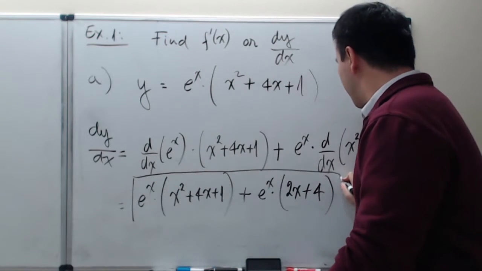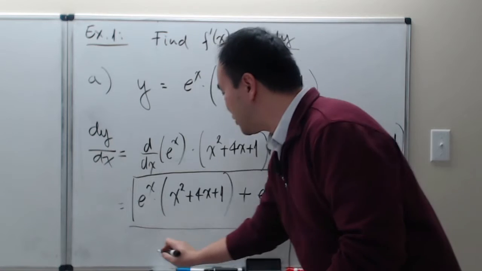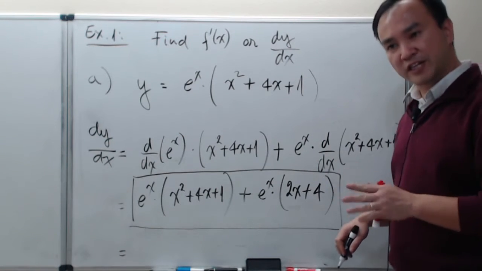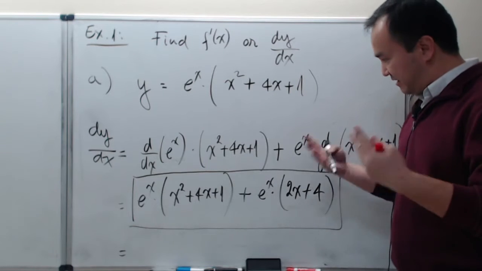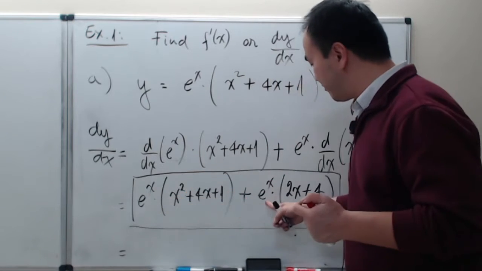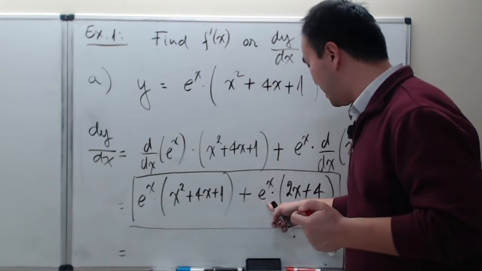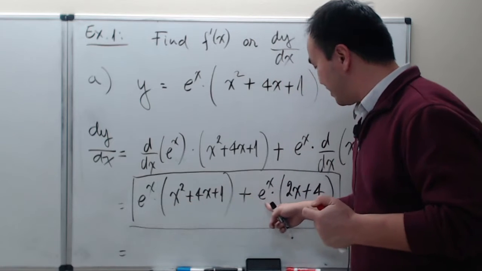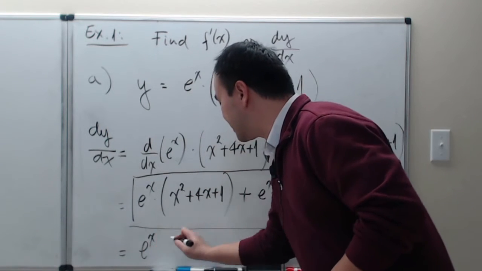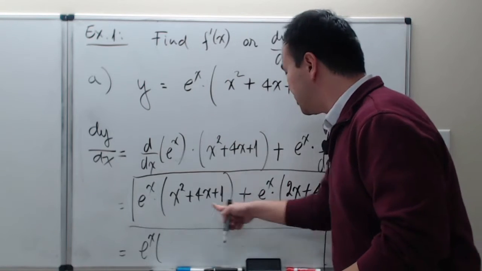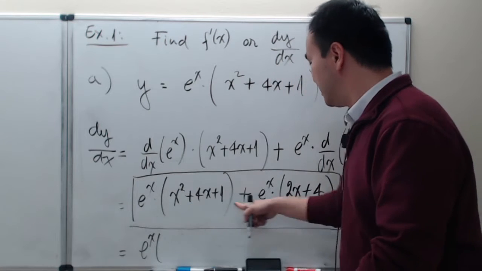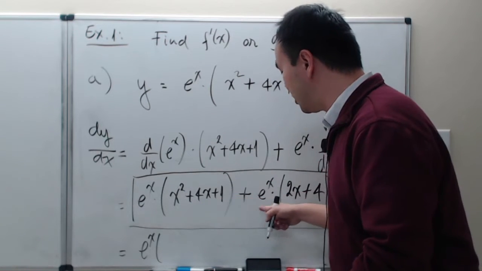You can also have your choice, and that's why at this point I leave it for viewers to make sure you know what your instructor is asking for. When I teach my class, I have different requirements for my students. Some instructors may require the students to combine these two terms into one, due to the fact that we have a common factor: e to the x as one common factor, and these two parts are combined together in one parentheses.